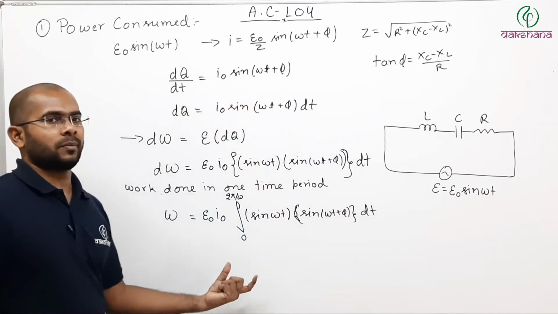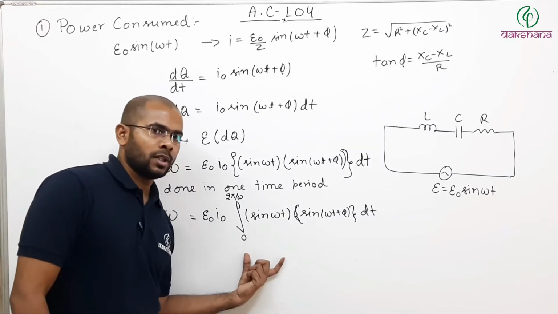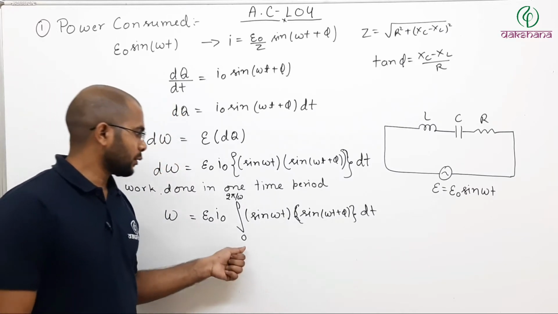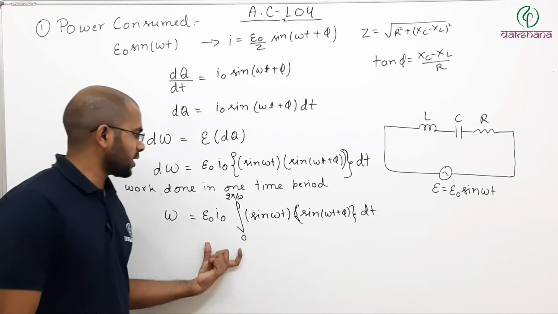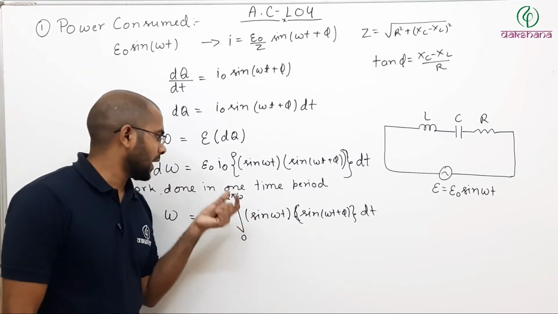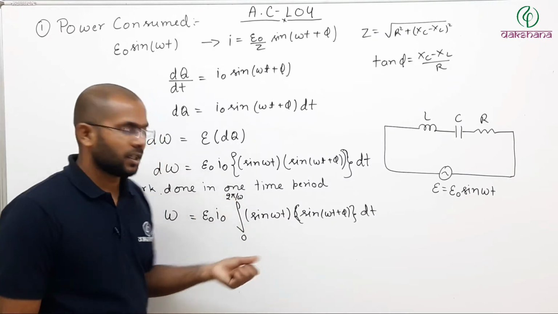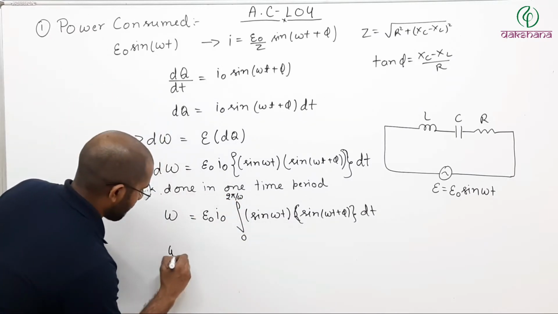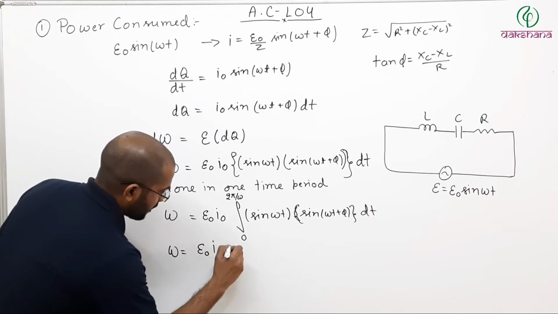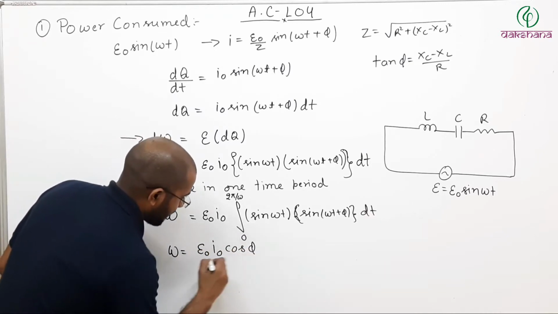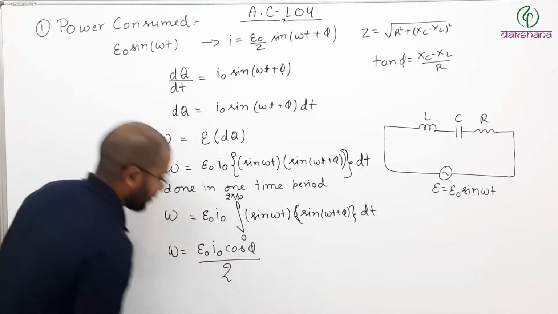Now this is a purely mathematical equation that you can do on your own. When you do this integration from 0 to capital T, and capital T equals 2 pi by omega, you get work done equals E naught I naught cos phi whole divided by 2.